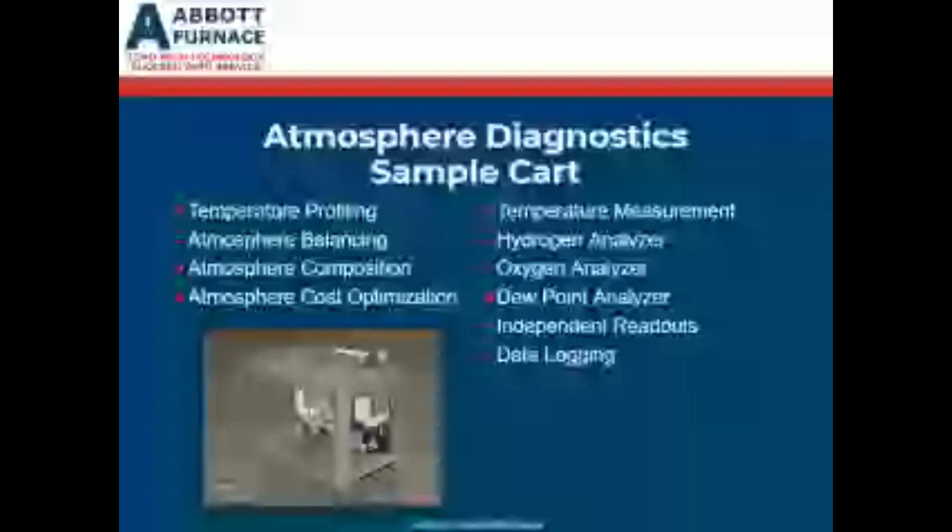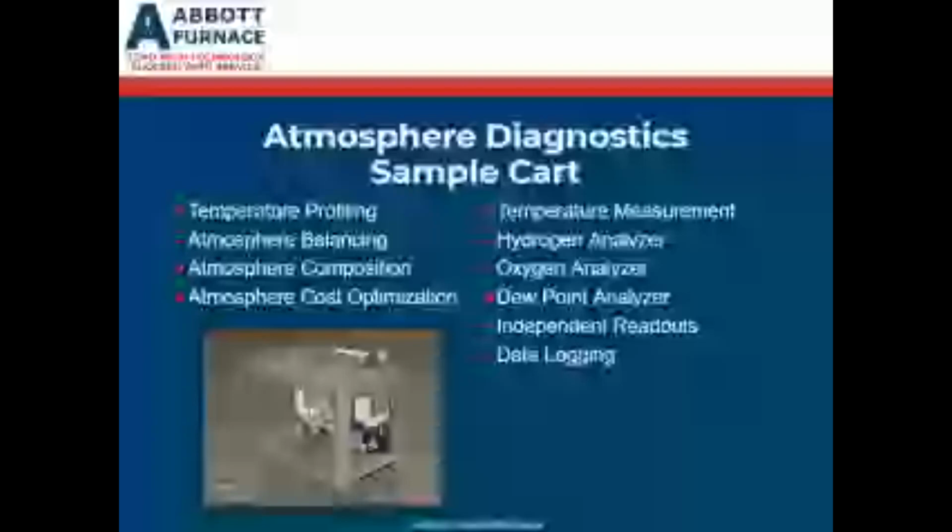So we'll come in and we'll probe your furnace, or you could purchase these to do it yourself. Again, this will help you look at whether you have an air leak or a water leak. You can probe the furnace and see where exactly that leak is. From there, you can go through the steps of troubleshooting to reduce that leak to get either the oxygen or the water or both taken care of.